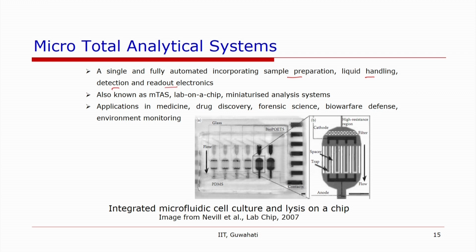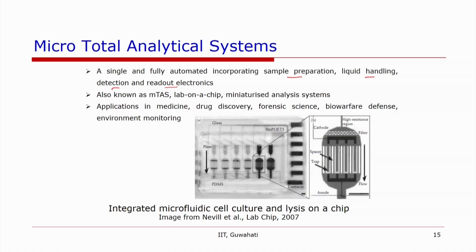It will be wonderful if one can combine and integrate all these steps in a single platform, and that is what these micro total analytical systems are supposed to provide. These are also known as micro total analysis systems, or muTAS, or lab on a chip devices. So, you have all the functions that you need to do in a chemistry lab integrated over a chip. So, that is why the name.